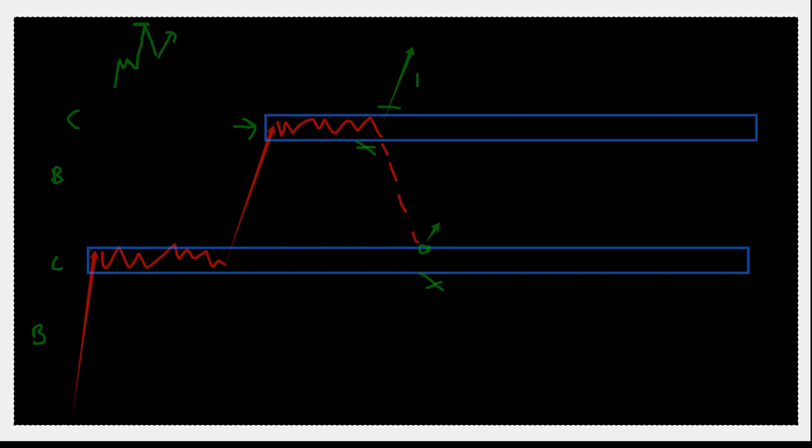What's the target here? The target here ordinarily is a pullback to the upper consolidation area, right? So if the price makes the upper consolidation area, then consider yourself to have done fairly well, right? And that is going to be the target.